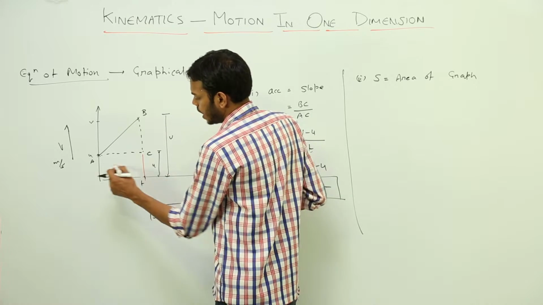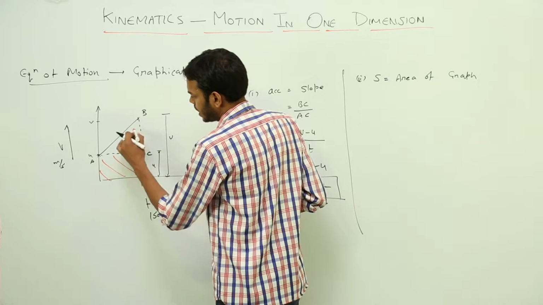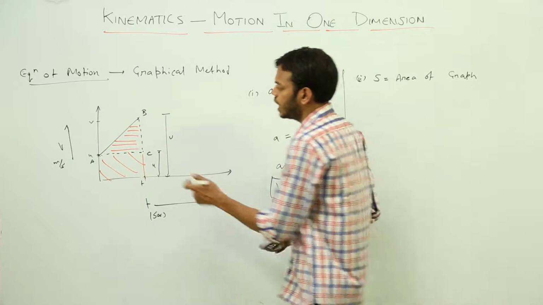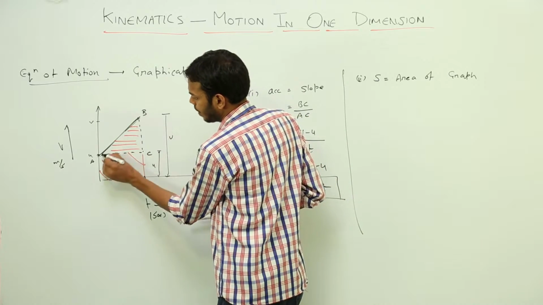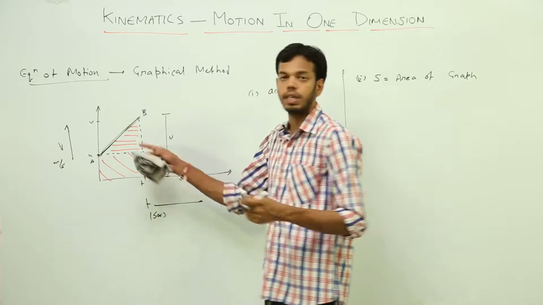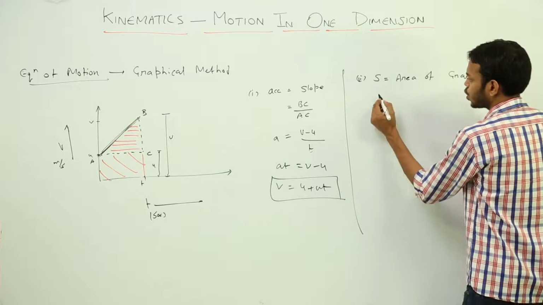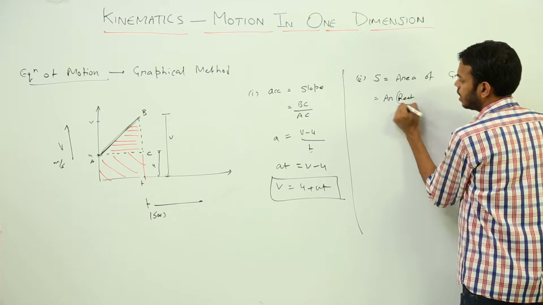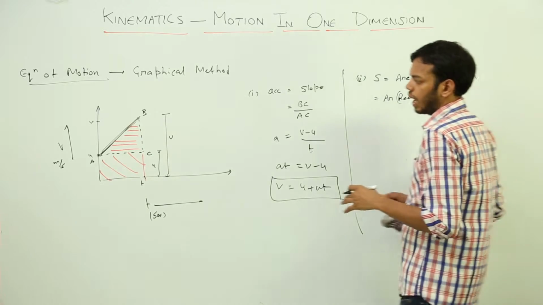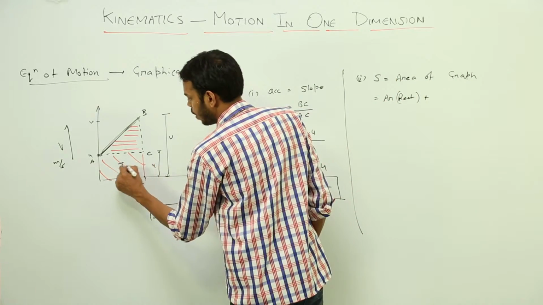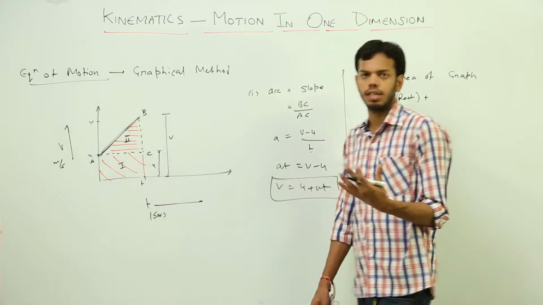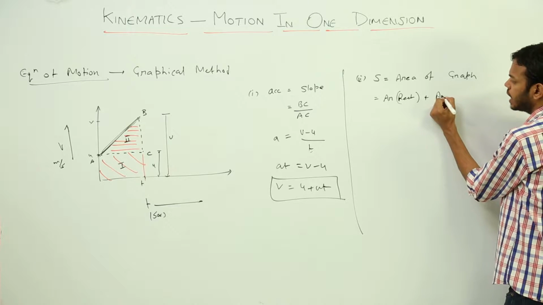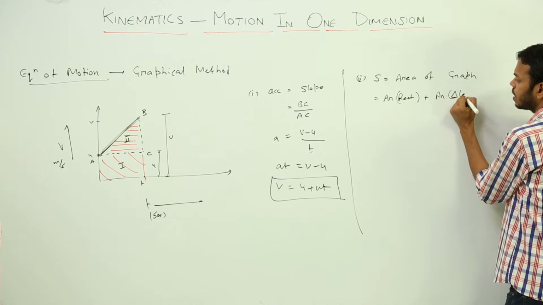This is T. This area plus this area gives me the total area under this slope up to which the object is moving, because this is the only graph we are left with. I can write it as area of figure 1 plus area of figure 2, but I will write it in this format: area of rectangle plus area of triangle.